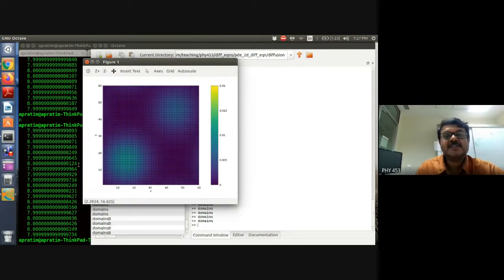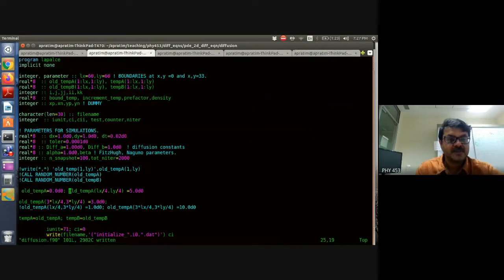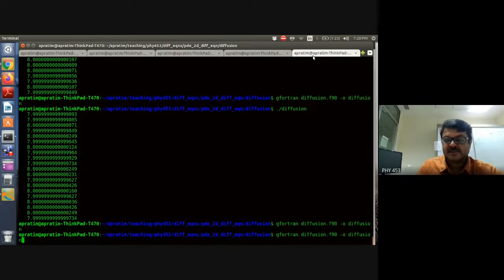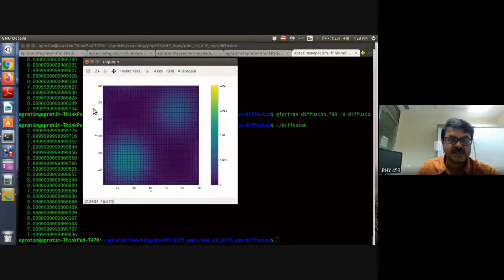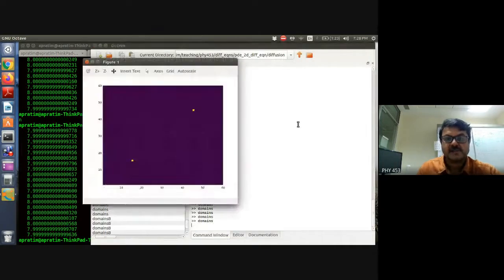Now if we increase the diffusion constant, what would happen? You can guess, it would most probably spread faster. Does it match our intuition? Let's run it. I'm keeping the amount of mass the same so that I change just one variable.